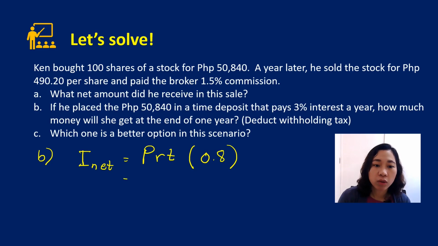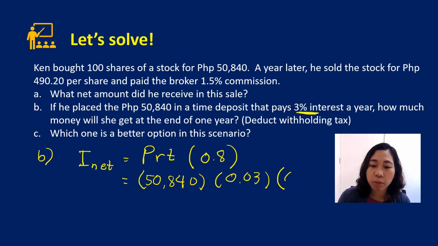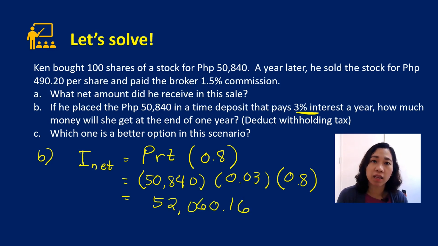My principal is 50,840 times R, so 3%, right? So that's 0.03 times 0.8. So when you use your calculator, you will get 50,060 pesos and 16 centavos.